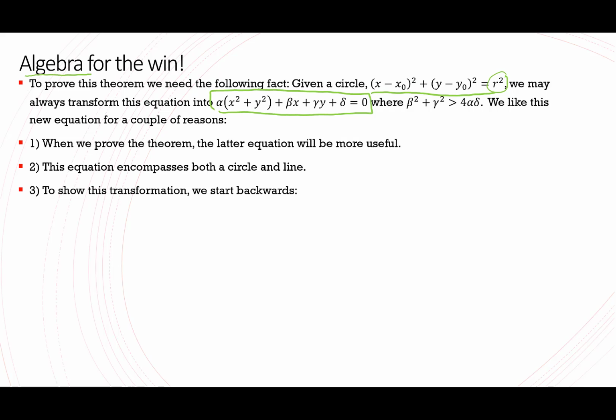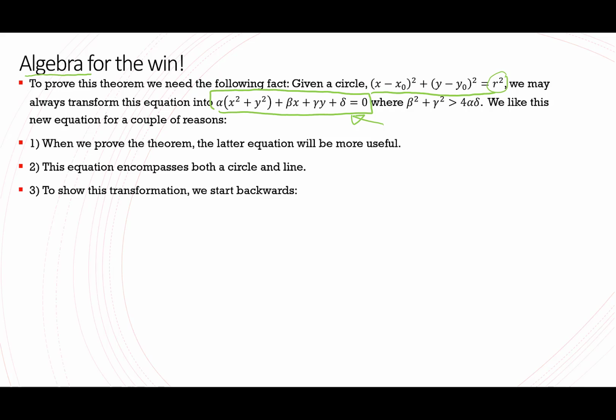Now, you might be like, why would we ever want to do that? Well, it turns out that this equation is going to be more useful when we prove that inversions take circles and lines to circles or lines. Even though it looks more gross, it's going to be more useful for us.